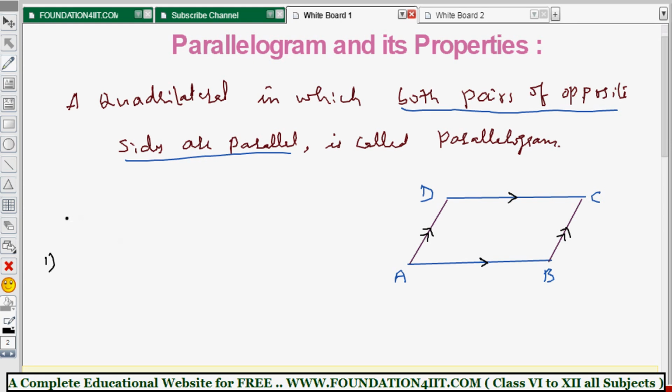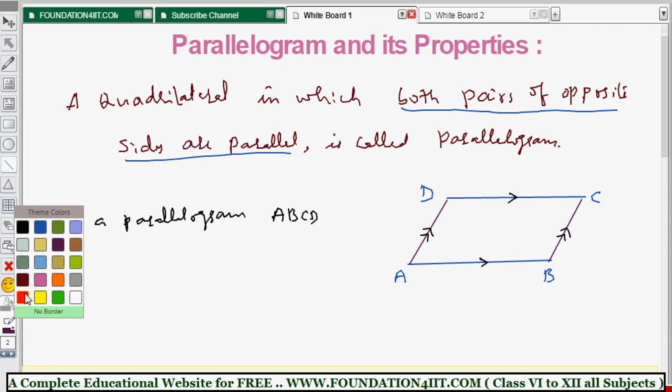In a parallelogram, here are A, B, C, D. You can take any letters, P, Q, R, S, right? In this example, I took A, B, C, D. Now join the diagonals also.